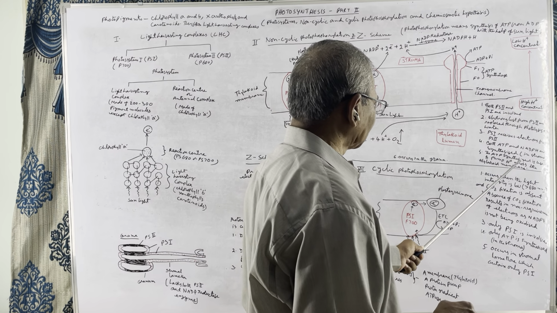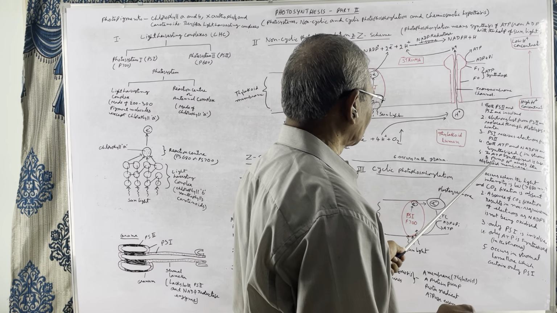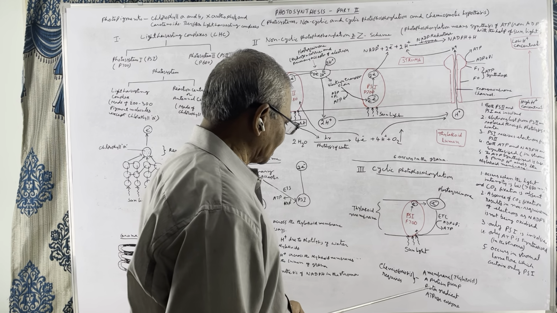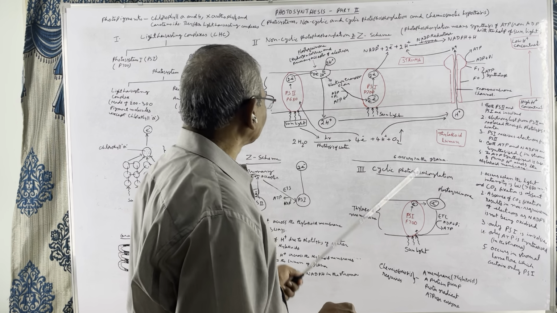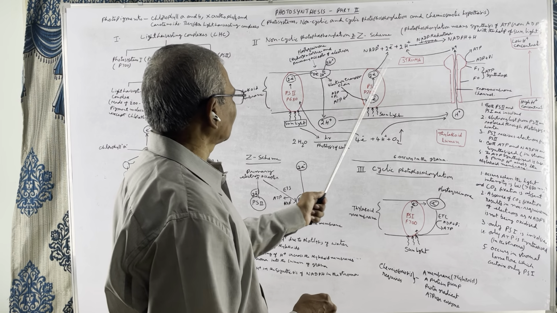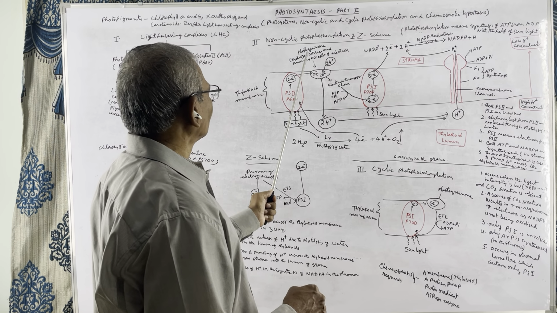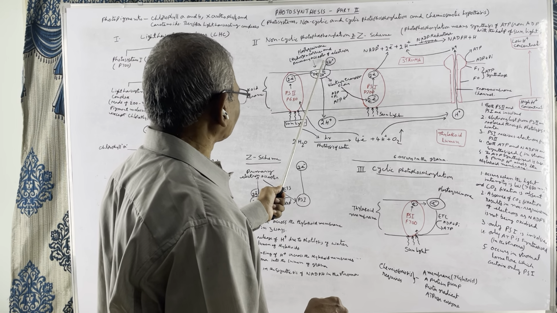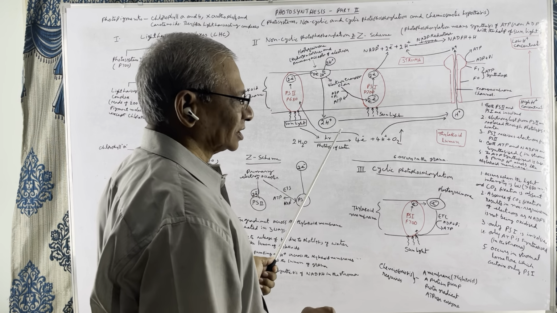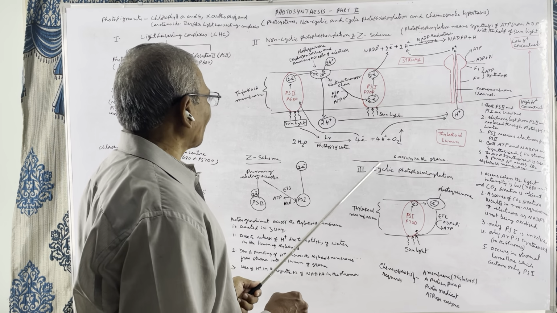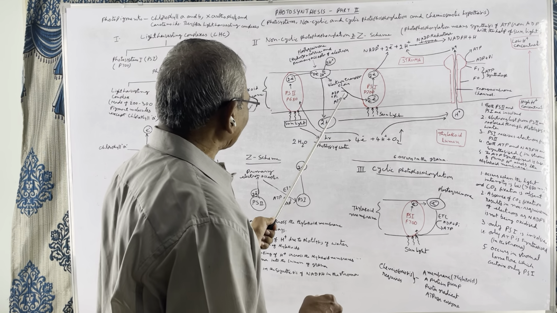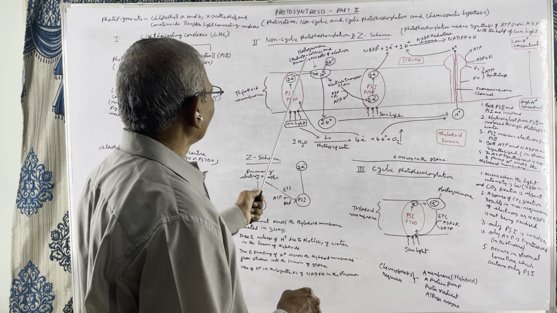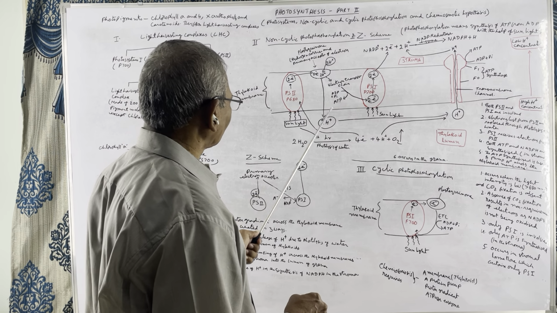ATP synthesis is used to pump hydrogen ions. So here, proton pump means this one, not this one, this one. Plastoquinone. This plastoquinone pumps hydrogen ions from here to here. So it is known as protein pump. So ATP synthesized here is used up in pumping protons from here to here.